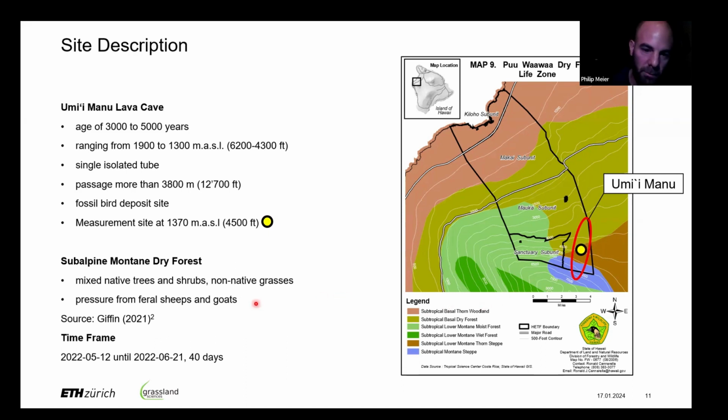The time frame when I did the measurements is actually quite short for these kinds of measurements, but my sabbatical was also limited in time, so I had to take down all the instrumentation again. It was from mid-May until mid-June 2022, so roughly 2 years ago.